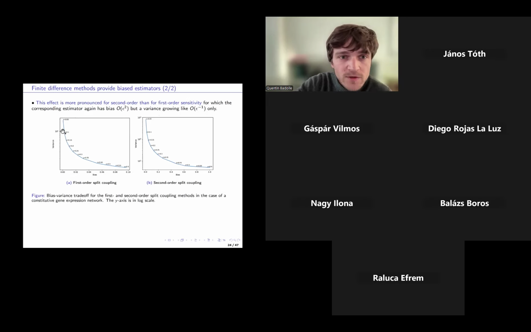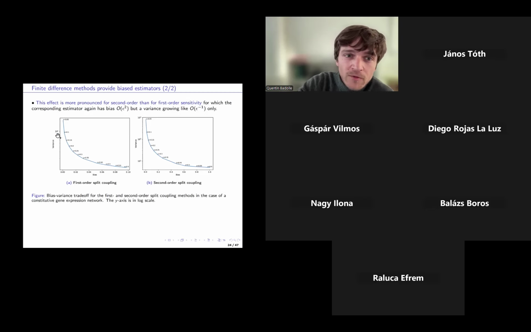But what is important to see is the magnitude of the variance here. For the first order, in both cases, we are considering the same parameters. So here it's the first order derivative with respect to this parameter, and here it's a second order derivative with respect to the same parameter.